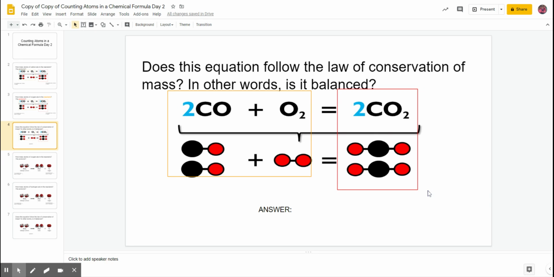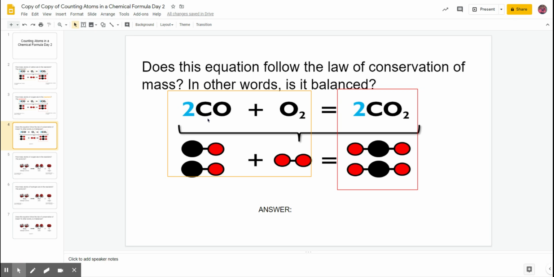Again, when I'm looking to answer this question, if it follows the law of conservation of mass, all I want to see is if the atoms on the reactants and the product side are equal, right? Not if it looks exactly the same, not if it's still CO plus O2, but if there's still the same amount of carbon total and the same amount of oxygen total.